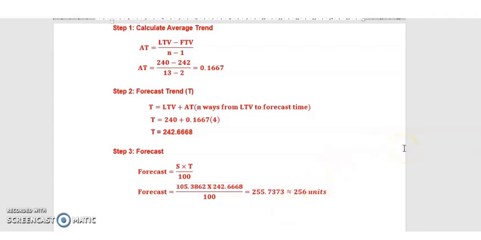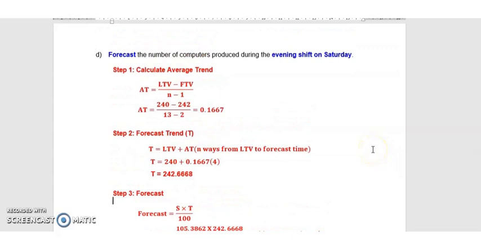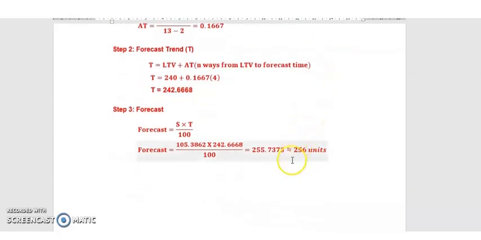So that's how we use the simple moving average to forecast the future. Later on, if you are a manager or supervisor in the factory and you have forecast that the number of computers produced on the evening shift on Saturday is 256 units, what planning can you do based on this forecasted value?